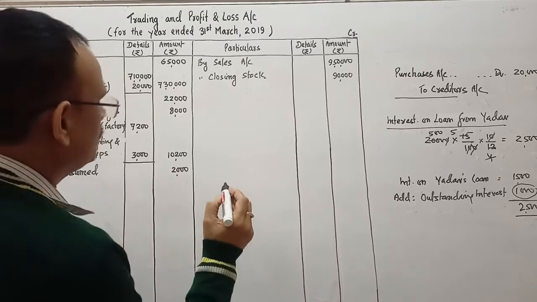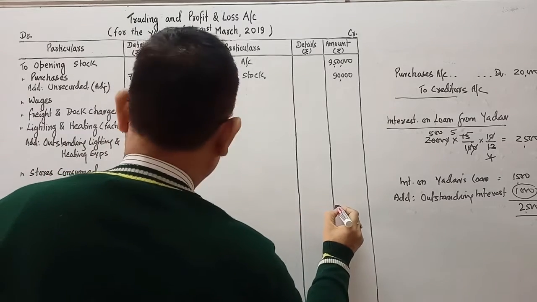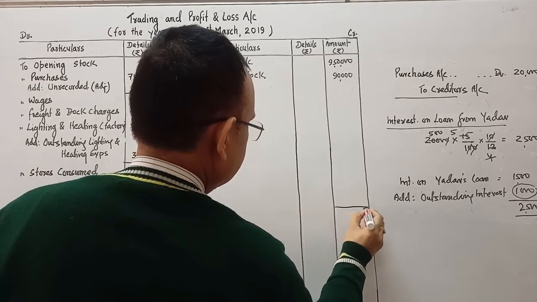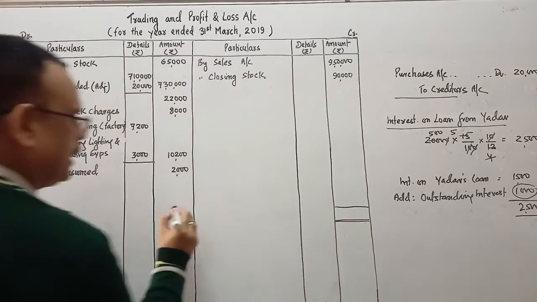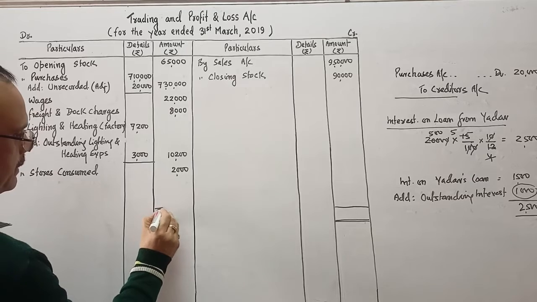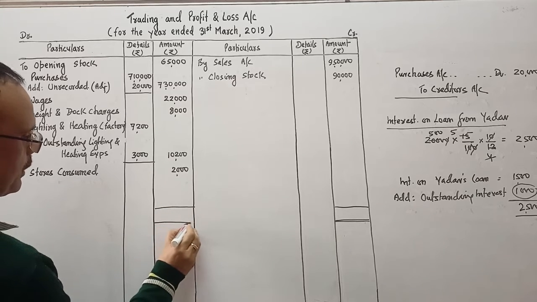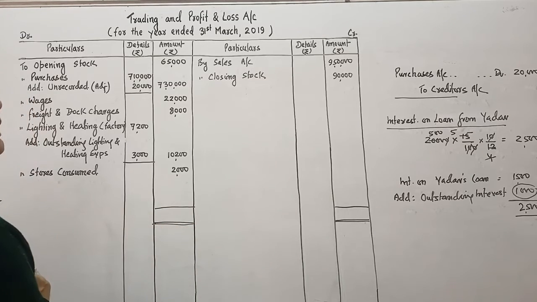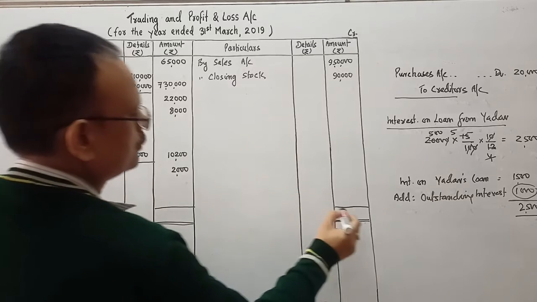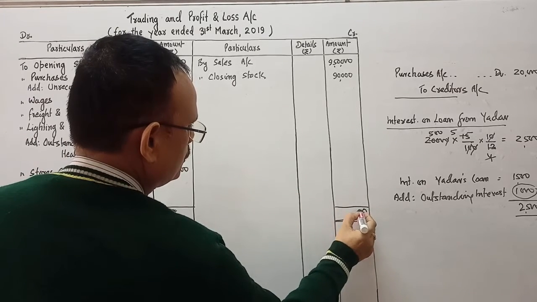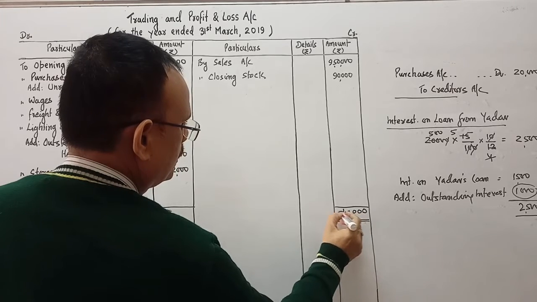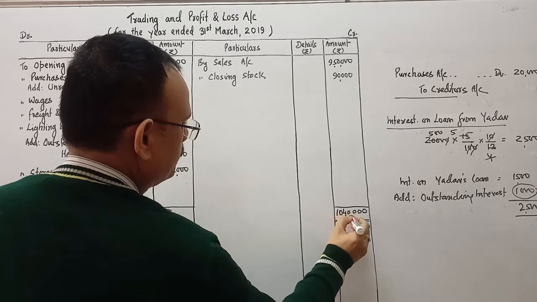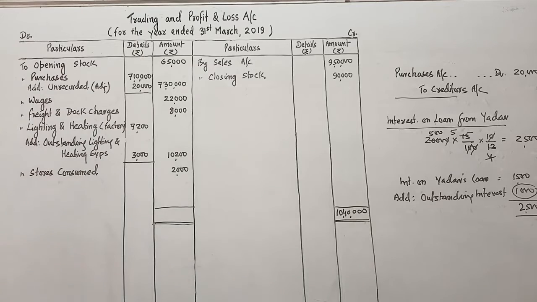Now what we'll do, we'll do the total of the credit side and the debit side, and we will see which side total is more and which side total is less. So the credit side total is more: 10 lakh 40,000 is the total of the credit side.